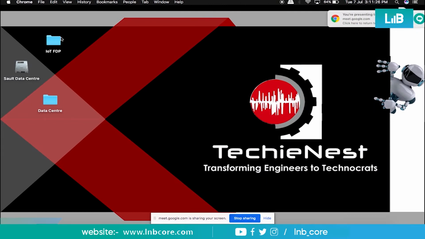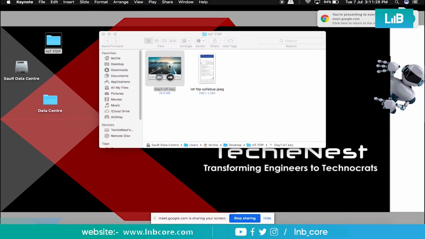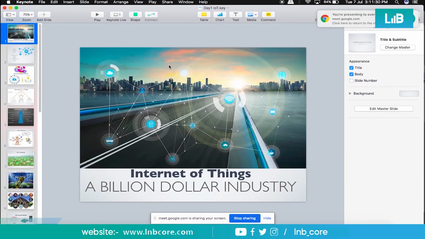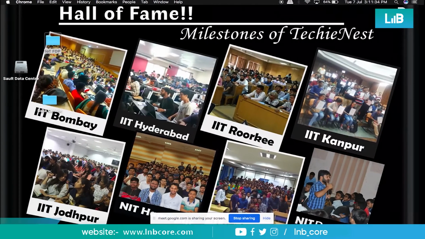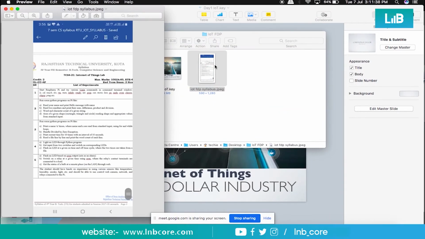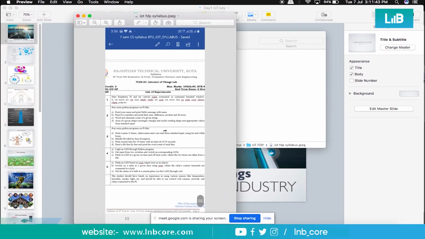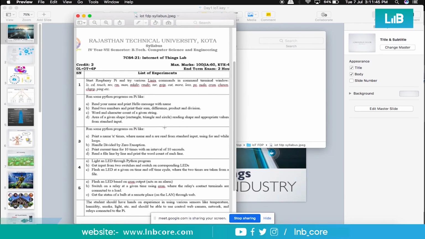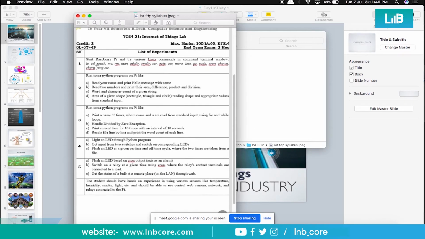So I hope most of the part of this particular topic for the initial day is already covered, and let me show you what I'm going to finish up in the next couple of days. This is the syllabus of RTU, Rajasthan Technical University, and this is what I found needs to be done in practical ways.